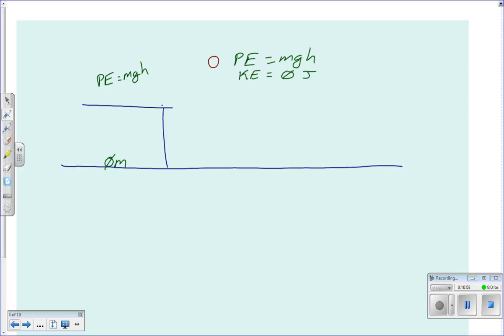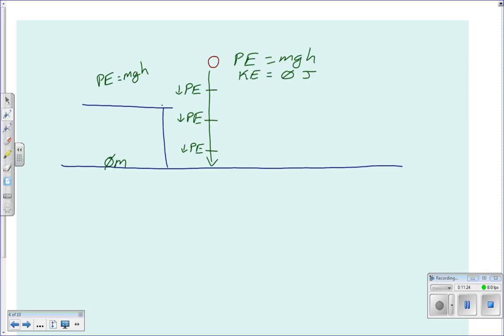Then if we drop it, it starts to fall. As it's falling, its height above the floor continually decreases. So potential energy is getting less and less as it goes down to the floor. I drew down arrows to show that it's decreasing.